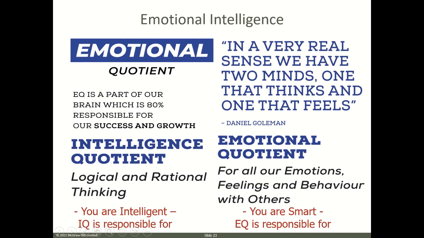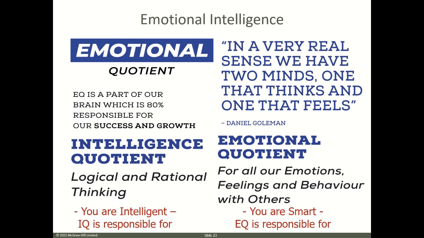So emotional quotient, what is that? EQ is a part of our brain which is 80% responsible for our success and growth. This is not a normal thing, I'm telling you. In this topic, you will learn that 80% of our success and growth totally depends upon our emotional quotient.